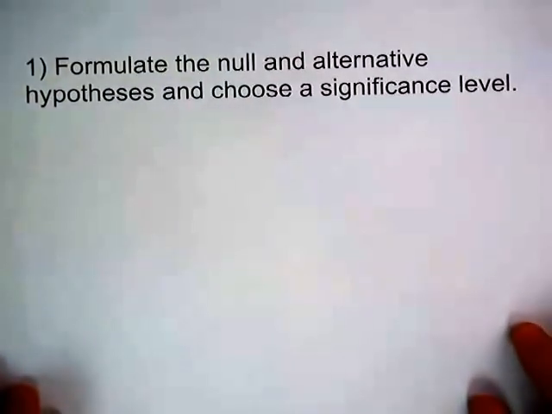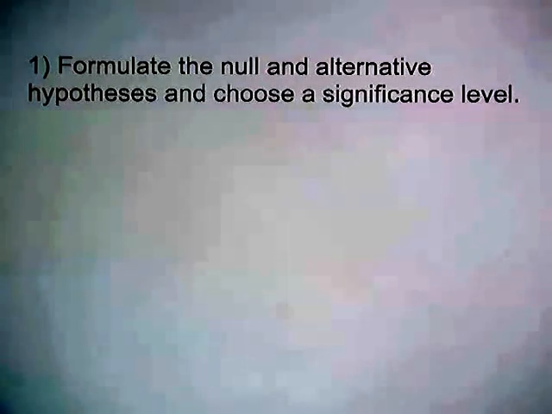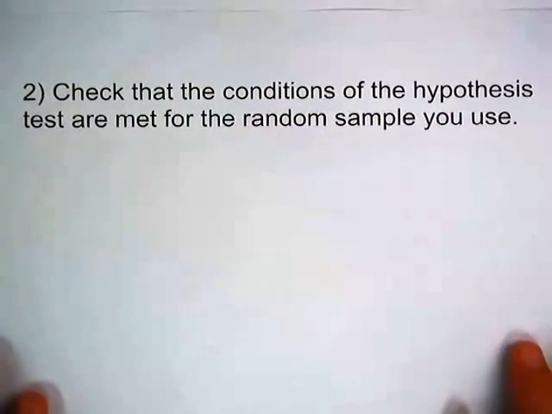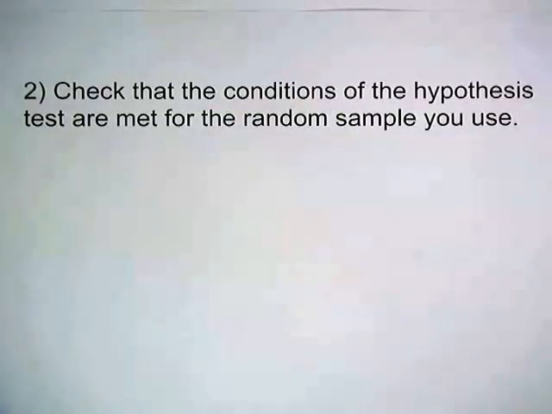There are 4 steps in a z-test for a population mean. I'm going to go through each of the 4 steps and then we'll actually do the 4 steps with an example. Step 1 is to formulate the null and alternative hypotheses and choose a significance level. Step 2, check that the conditions of the hypothesis test are met for the random sample you use.